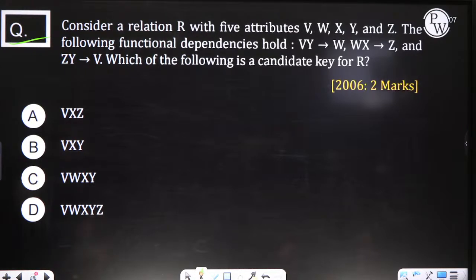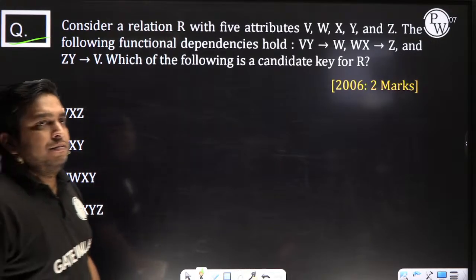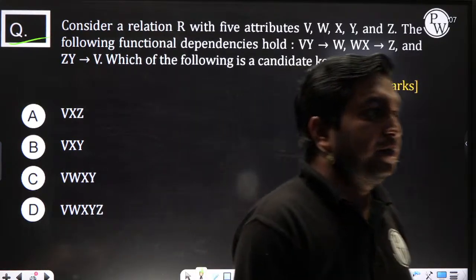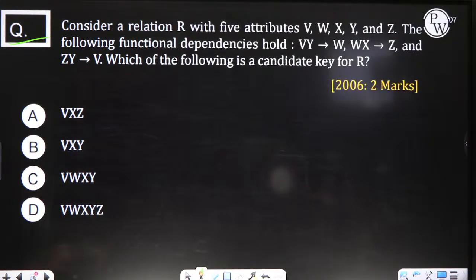Hashtag enjoy. Now let me know the answer also. It is asking for the candidate key. Beta Sima, God bless everyone.